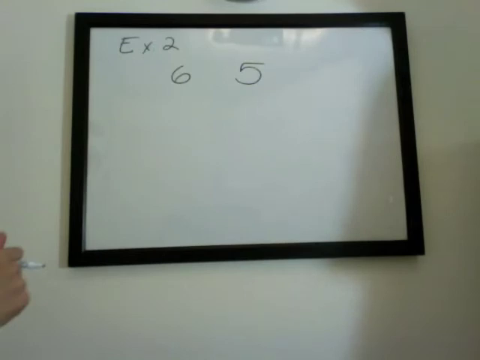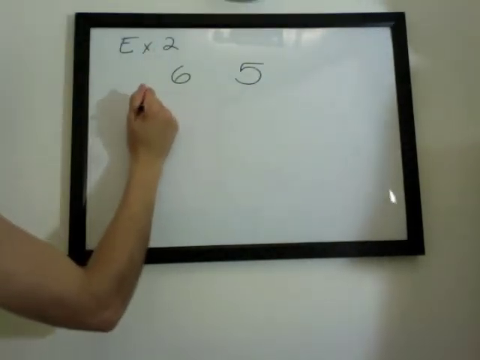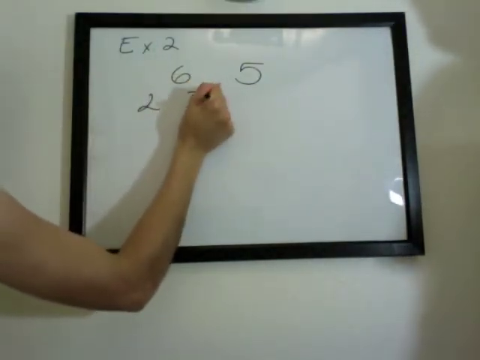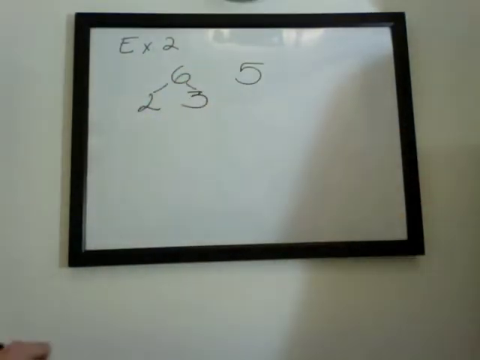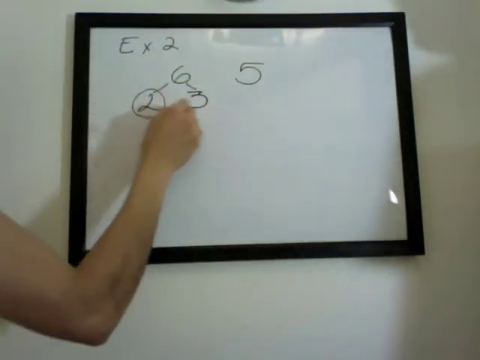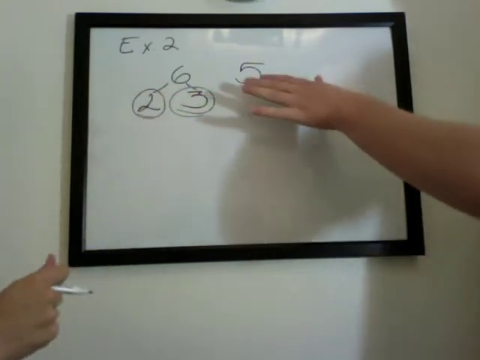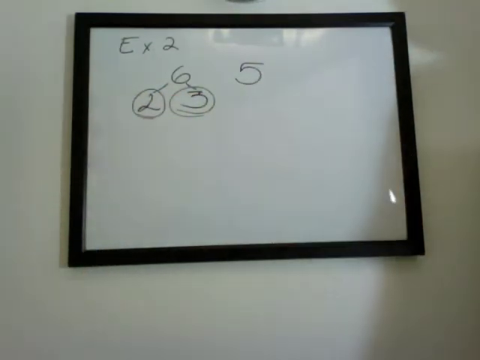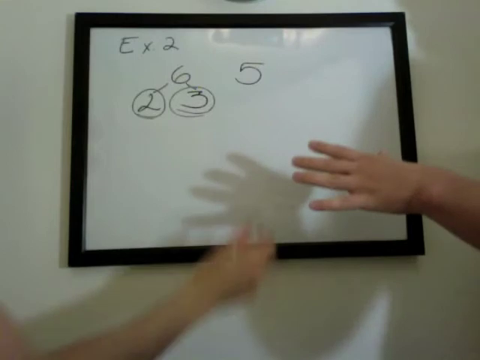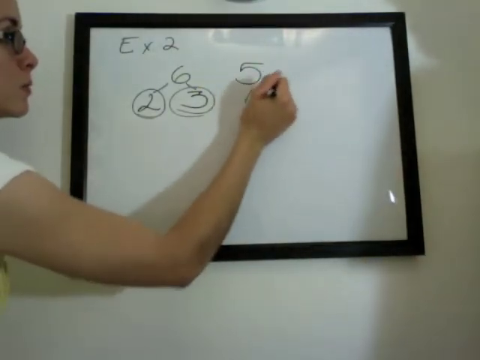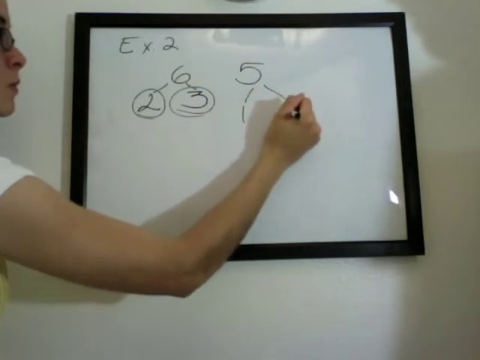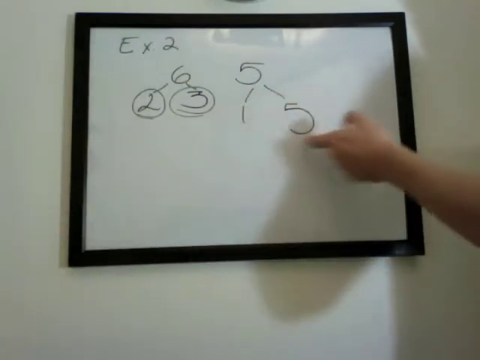Let's break 6 into 2 factors. 2 and 3. We know those are primes. Now let's look at 5. We know 5 is a prime. What do we do with this one? Well, we just leave it as is. Well, we can also break it up into 1 and 5. And both these are prime numbers.